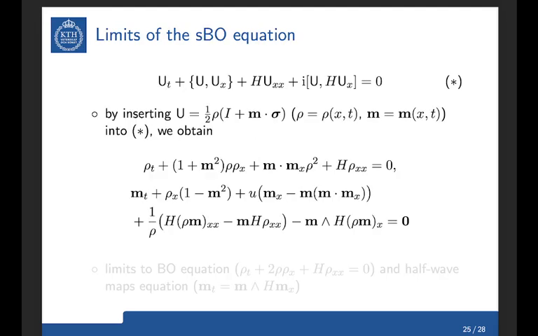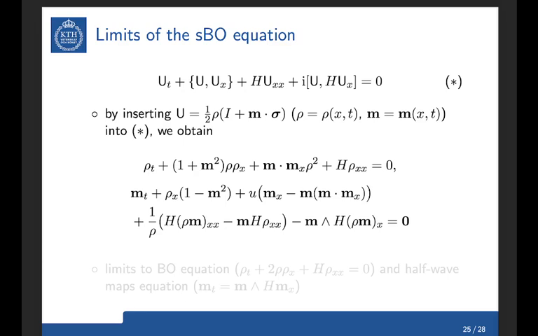So I'll say a few things about limits and special cases. Here's the spin Benjamin-Ono equation again. By inserting a particular form for u written here, where rho is a scalar function of x and t, m is a 3-vector function of x and t, and this bolded sigma is the Pauli 3-vector, we obtain this rather unwieldy system of equations.